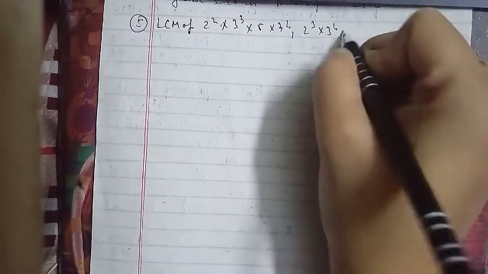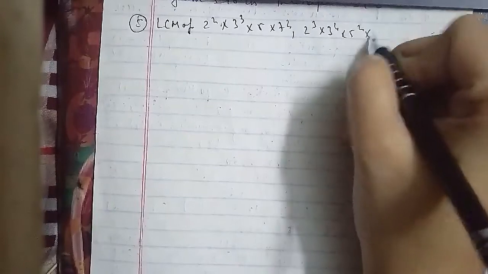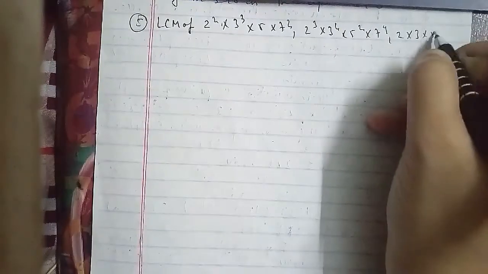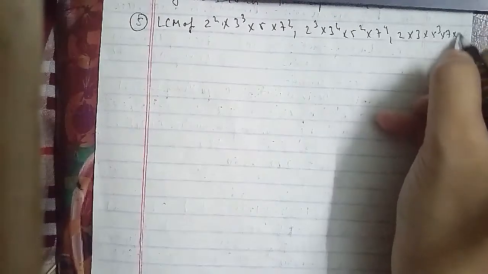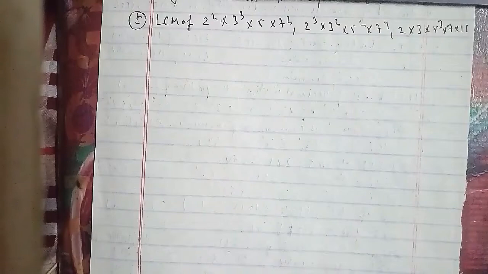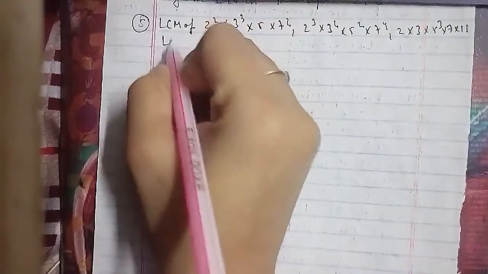As you can see, for 2 we have 2 power 2 here, 2 power 3 there, and 1 is a single power.